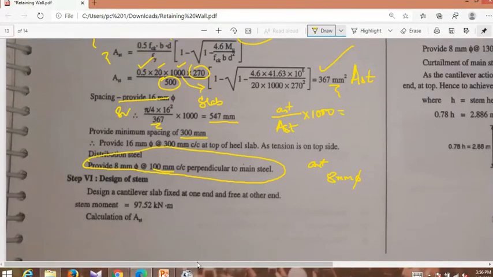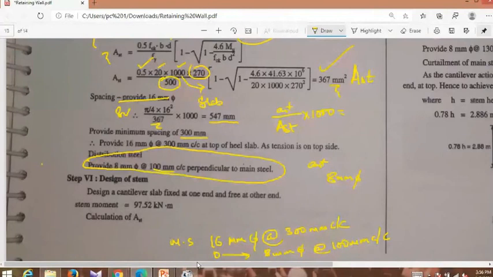Just remember, here we are using 16 mm bars at 300 mm center to center, and this is the main steel. Distribution bar is 8 mm dia at 100 mm center to center distance. Okay, you have finished with the heel slab.